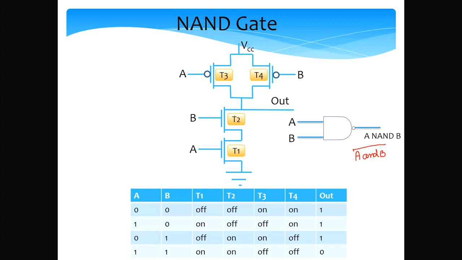We have the NMOS transistors in series, T1 and T2, and we have the PMOS transistors in parallel. The input A is connected to T1 as well as to T3, and the input B is connected to T2 as well as to T4.